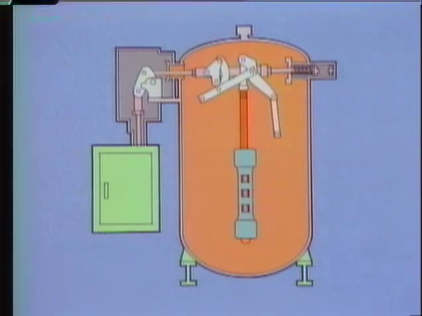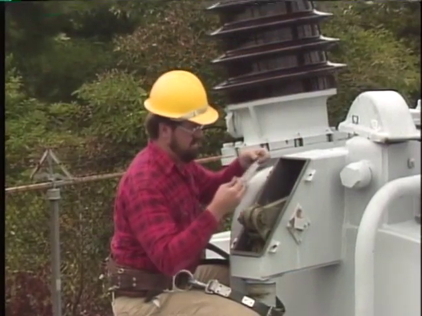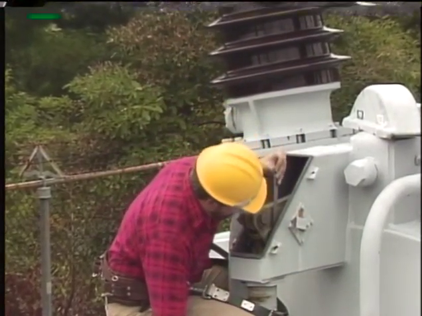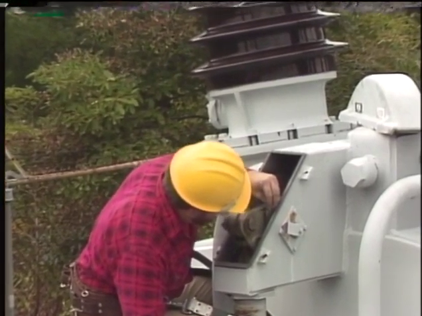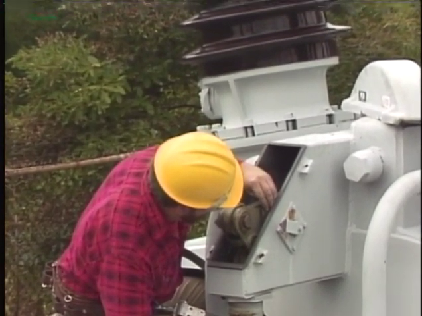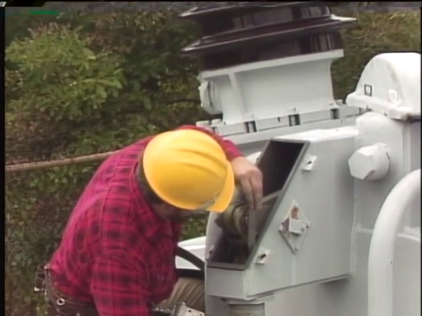The bell crank is checked to make sure that it is at a given position, typically when the breaker is closed. For this particular breaker, the bell crank adjustment is checked by removing the top of the bell crank housing and measuring the spacing between a pivot pin and a given surface of the bell crank housing.